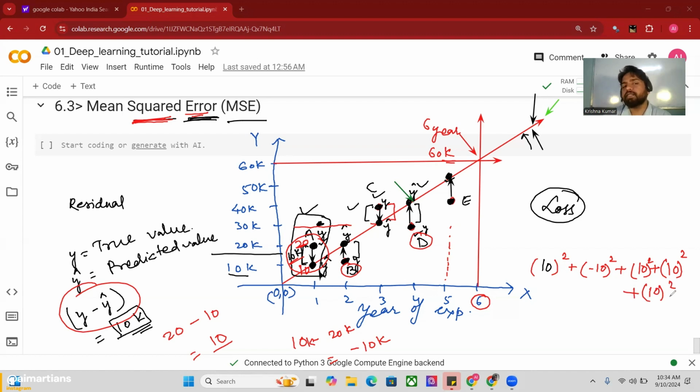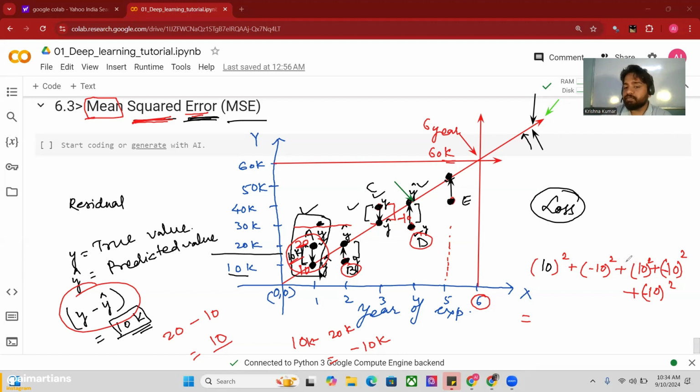Now what I have to do next? I have to calculate the mean. Okay, but before that you have to understand this is again minus, because 40k is smaller than 50k. Similarly, D is also minus, like minus 10k, is the difference. Okay, so here you have to mention minus.